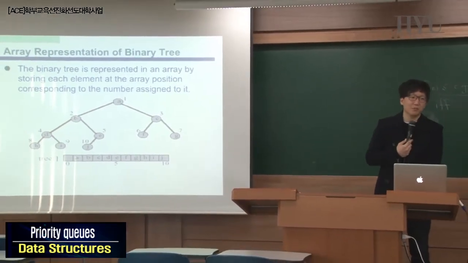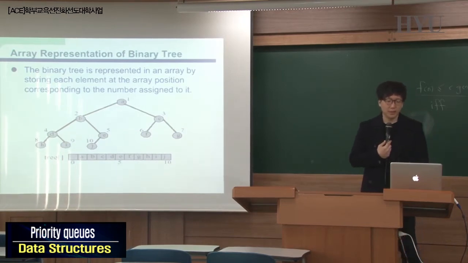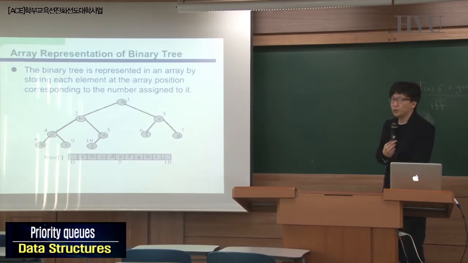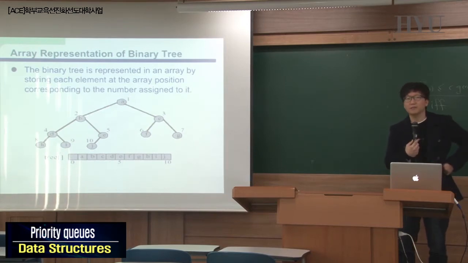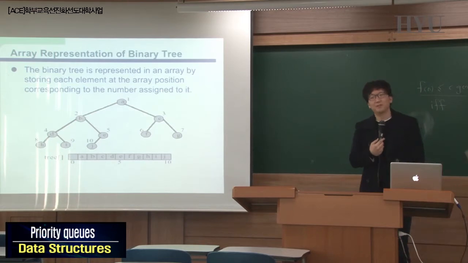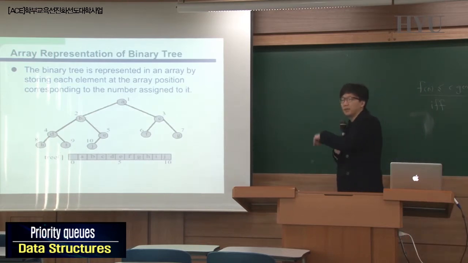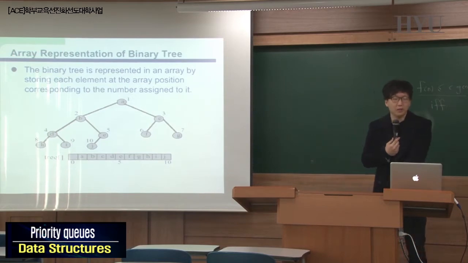Just to make the calculation simpler. We find the number of a node this way: the left child is 2i, and the right child is 2i plus 1. That's a very simple way of skipping through the elements in the array, if you want to look at it that way.